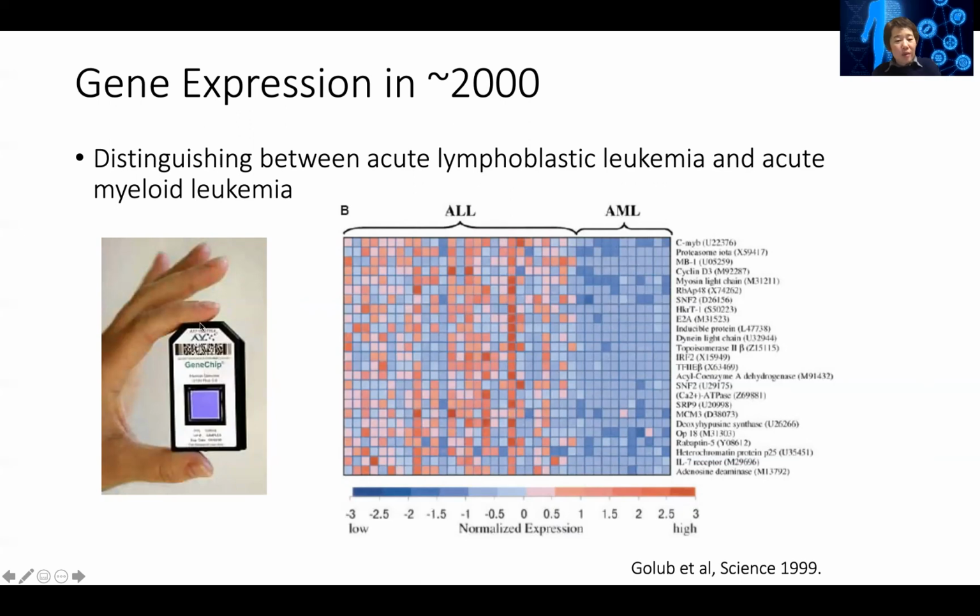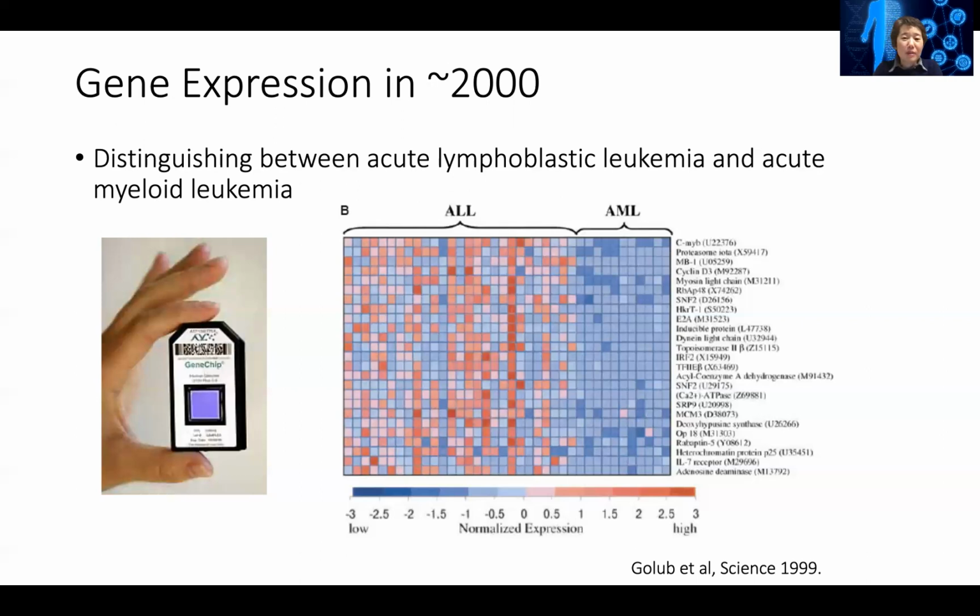And so there were industry solutions. In this array, there could be 6 million probes measuring all 20,000 genes. And because it's industrial manufacturing, the results were much more reproducible. These are more expensive, but people started using this for measuring expression.